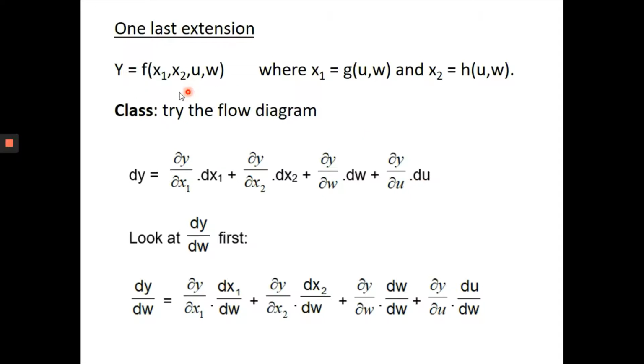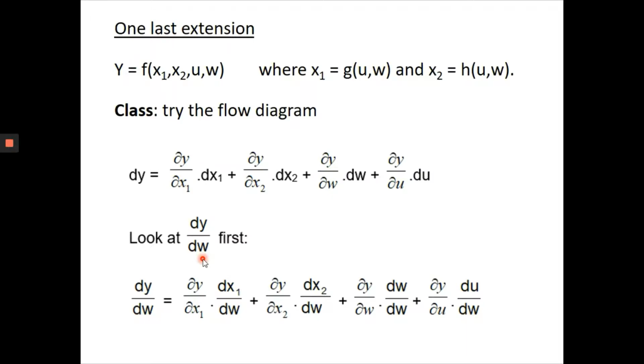Okay, so we have now set out the total differential dy for this function here. And we're going to start by varying w. Okay, so we're going to allow w to vary, but we're going to hold u constant.